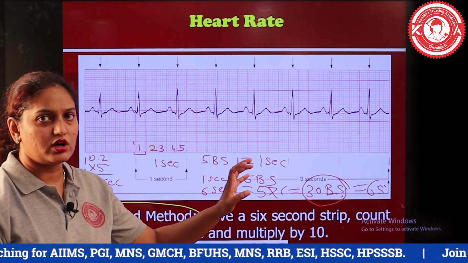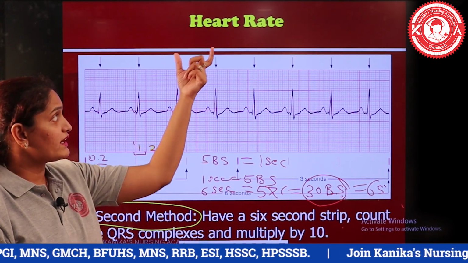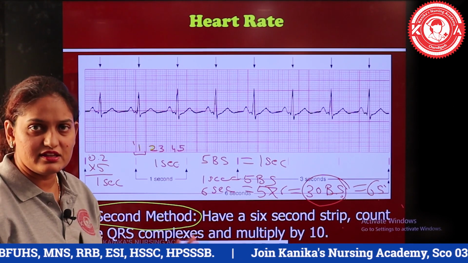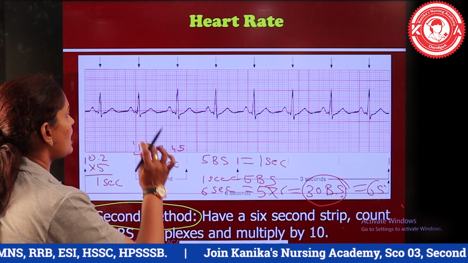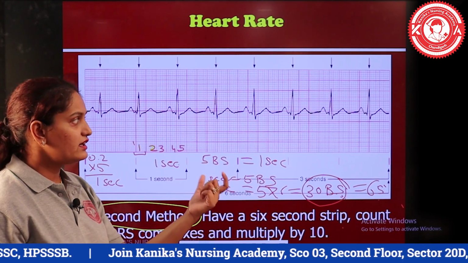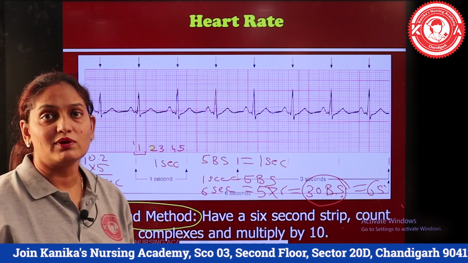Now we have the 6 seconds with us, and the first method of identifying the heart rate is the 6-second method. It is a very easy method. We just have to count the number of QRS complexes in 6 seconds, and then multiply it by 10.